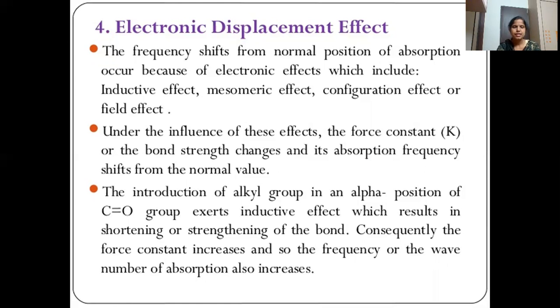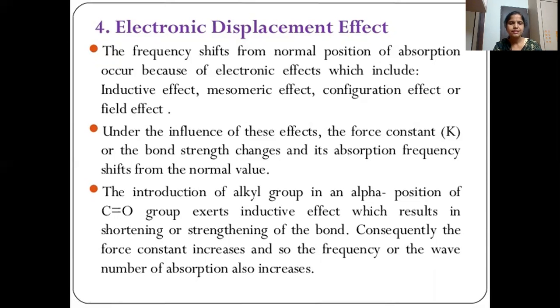Suppose we take an example of an alkyl group. Suppose an alkyl group is introduced in the alpha position of a carbonyl group. What happens? It exerts some inductive effect, which results in shortening or strengthening of the bond. Because it is giving electrons, the electrons flow towards the carbon of the carbonyl group, and the C=O bond length will decrease.